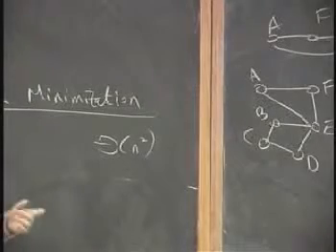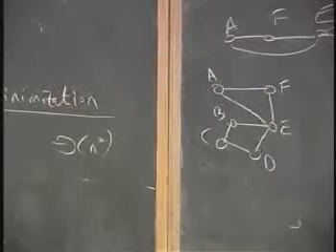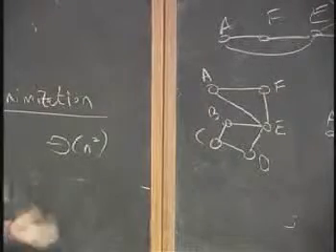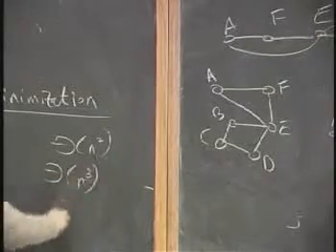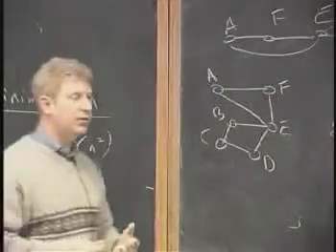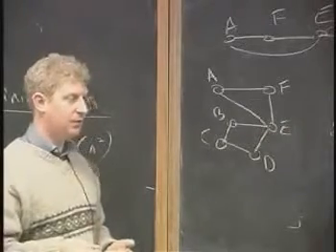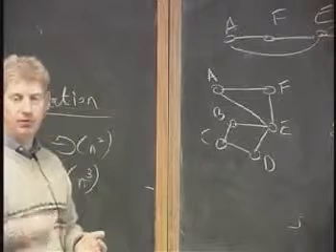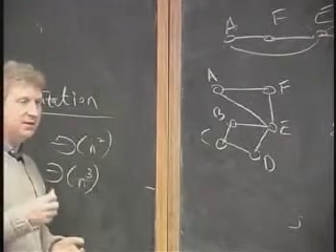Does it have bandwidth 3 or less, or is it worse than 3? Yes or no? Then there's an order n cubed algorithm. If you want to know, does it have bandwidth k or not, then there's an order n to the k algorithm. If you fix the size of the bandwidth you're interested in, then you can answer yes or no in n to the k.